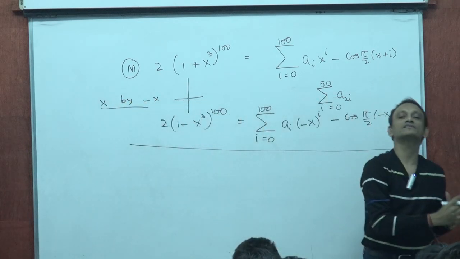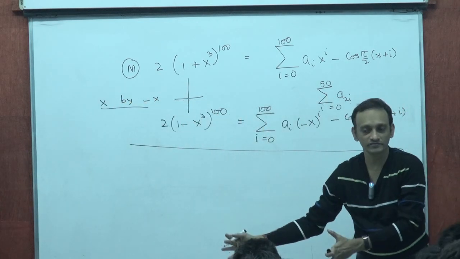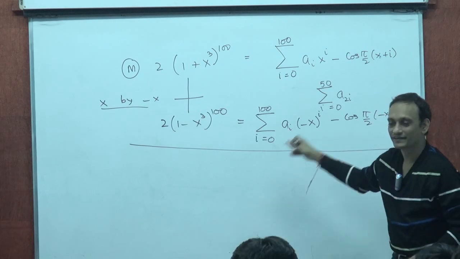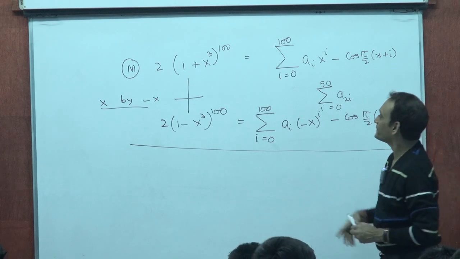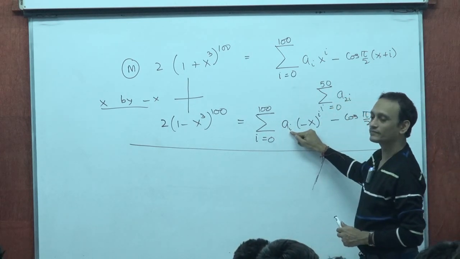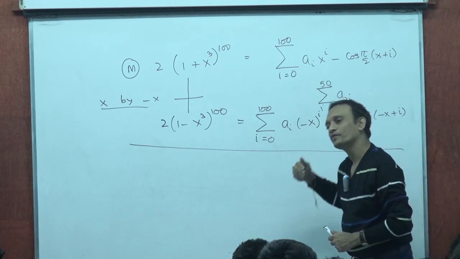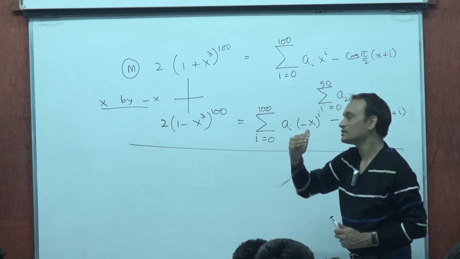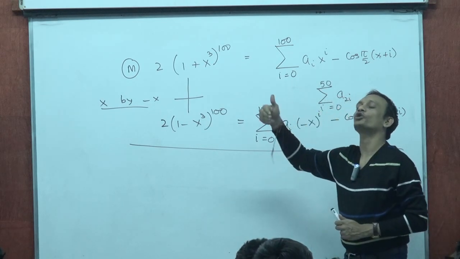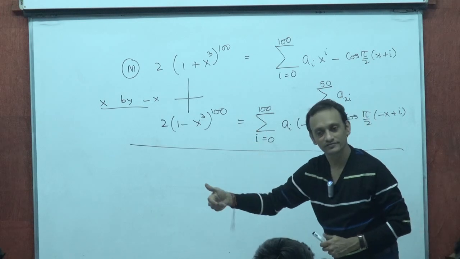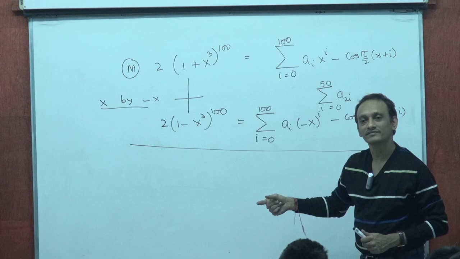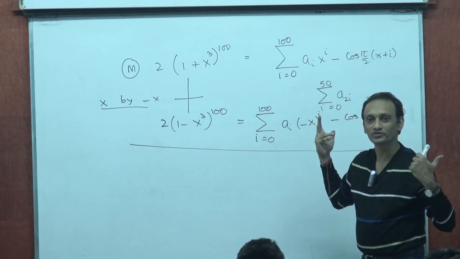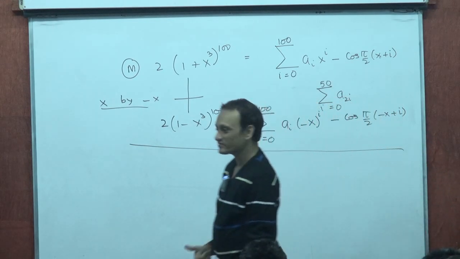Cosines will walk out of your life for the time being. If you add, then please watch that. See if the cosines get cancelled or not. And then put x equal to 1. The even powers, the even coefficients will automatically serve you. Add this, put x equal to 1, and enjoy life from this point onwards. Right? Much for today.